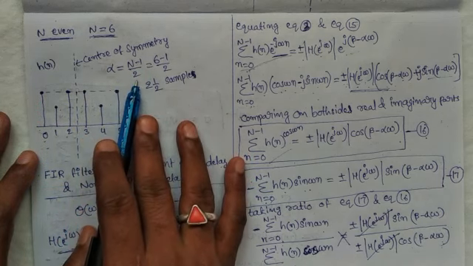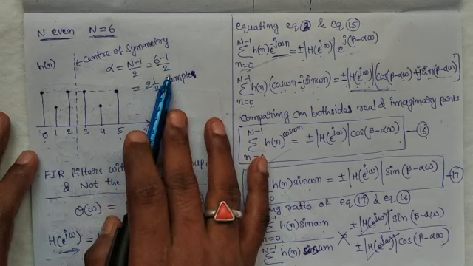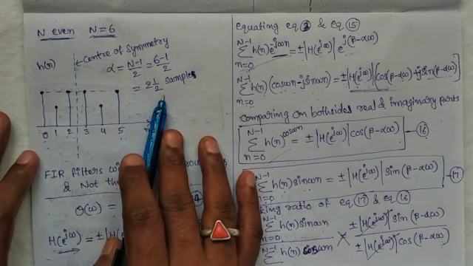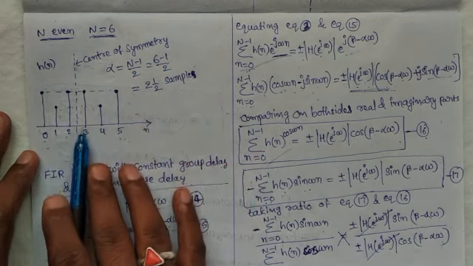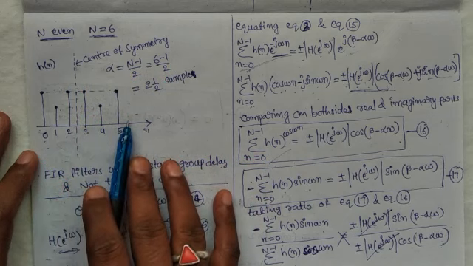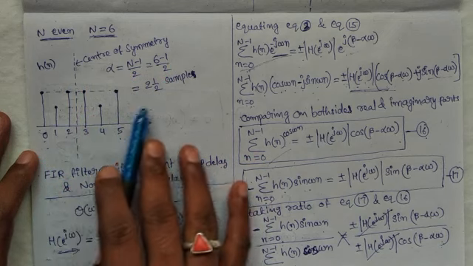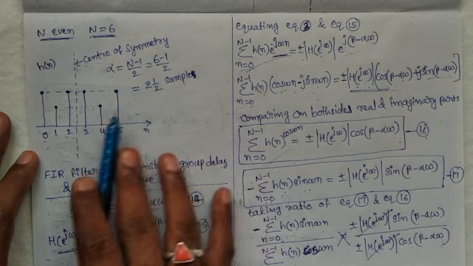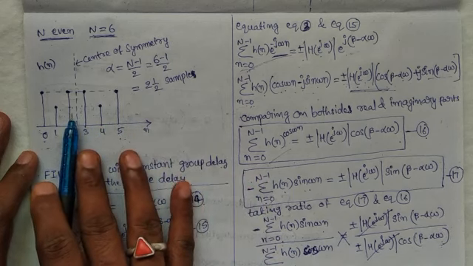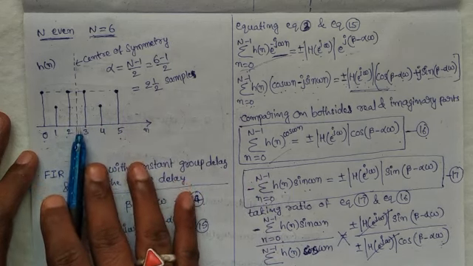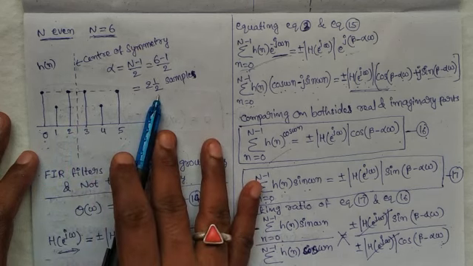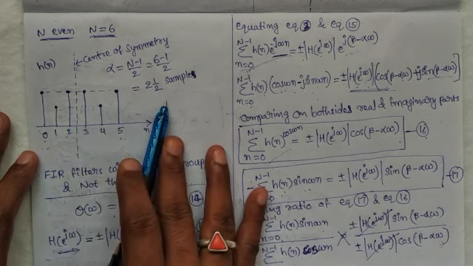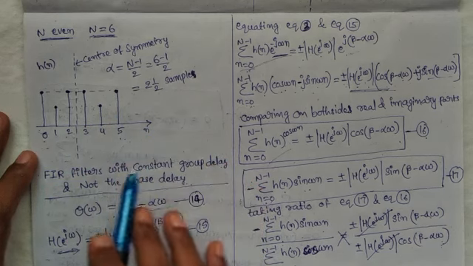Alpha is equal to capital N minus 1 by 2, means 6 minus 1 by 2, which is 2.5 samples. Here the center of symmetry for capital N is equal to 6 is 2.5 samples. Means these FIR filters are delayed by 2.5 samples.